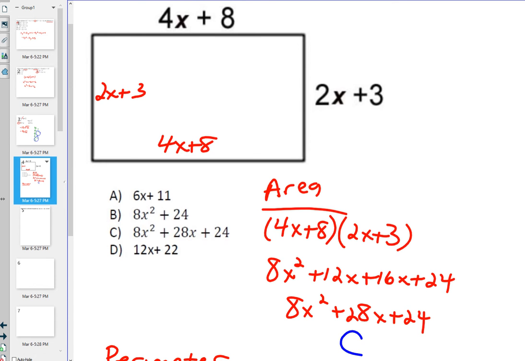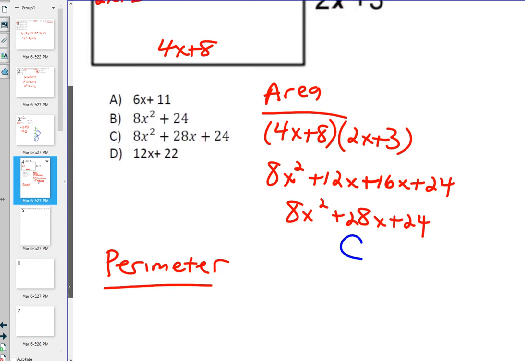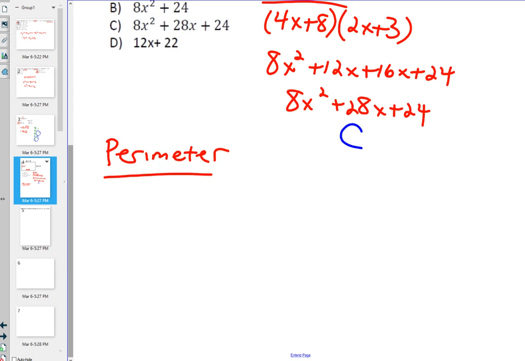Another way of doing it, if you're going to be more clever, say, okay, how many sides measure 4x plus 8? Two of them. How many sides measure 2x plus 3? Two of them. So if you were to look in any book, they do give you a formula for perimeter.